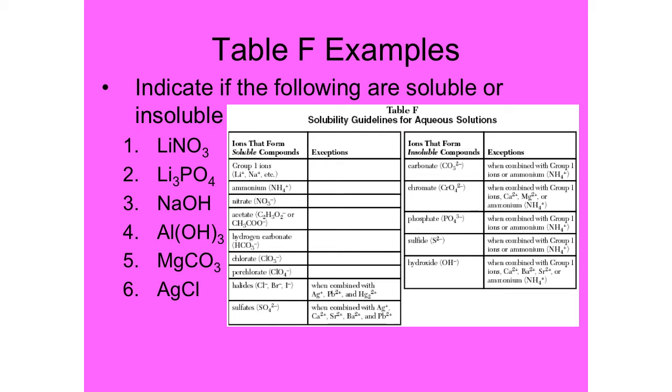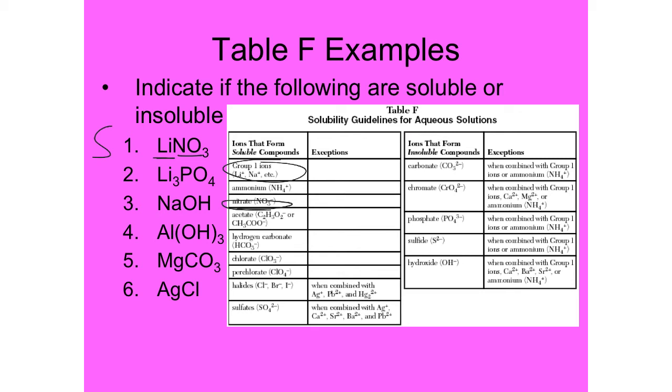So first one we have is lithium nitrate. What we do is we have to find a rule about either lithium or nitrate on table F. Lithium is a group 1 ion. Therefore, it will always be soluble, no exceptions. Now, if we also had done nitrate, nitrate is also always soluble, no exceptions.